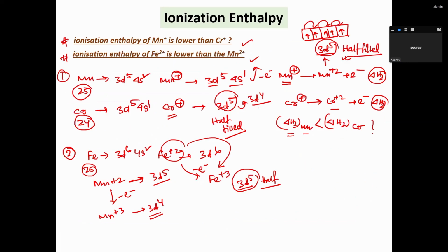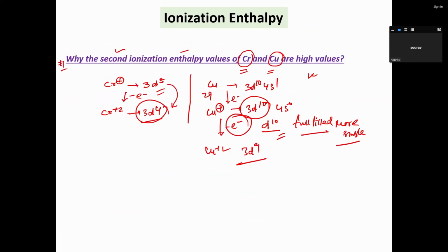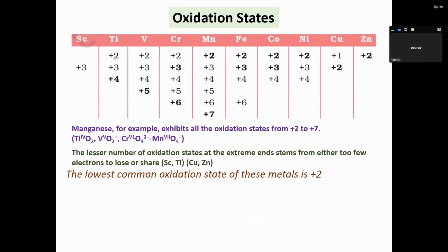Now we will talk about the oxidation state. So when we ionize scandium, titanium, vanadium, suppose one electron of scandium is ionized, it will be scandium plus one.